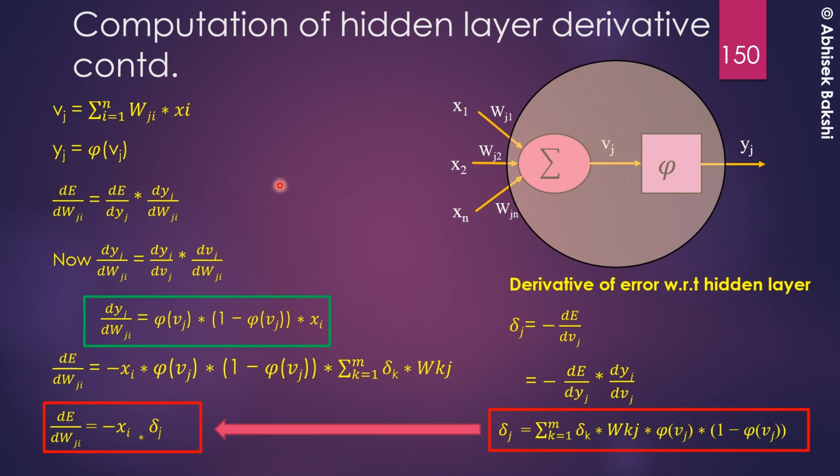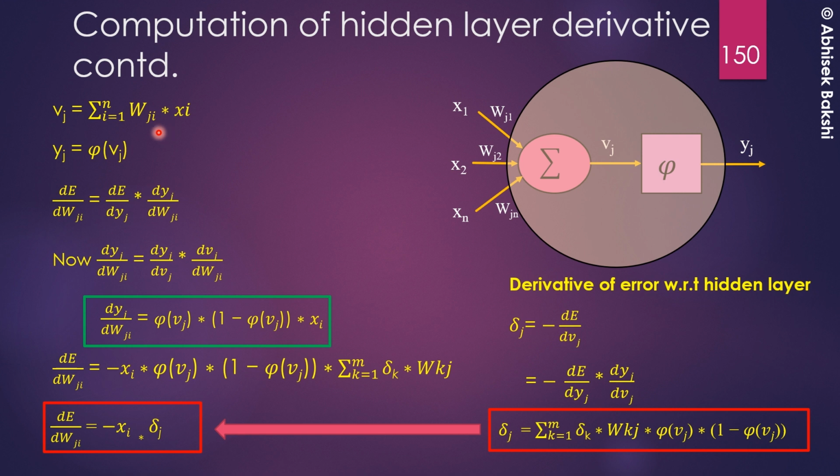Now if I go further, a similar thing will come. We know what vj is. Vj means the sum of wji into xi, right? Why? Because this particular neuron represents a neuron of the hidden layer. This particular wji represents the weight between a neuron of the input layer and a neuron of the hidden layer.